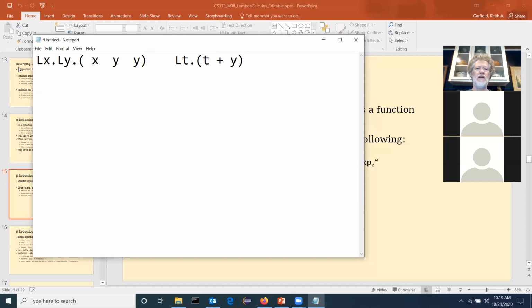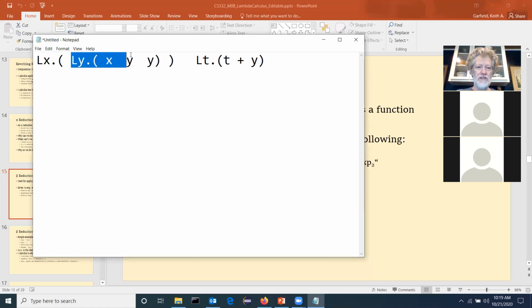Okay. Now, is this x bound or free? I might be wrong, but... Go ahead. That x is bound by this x, because this x out here encompasses that entire thing.